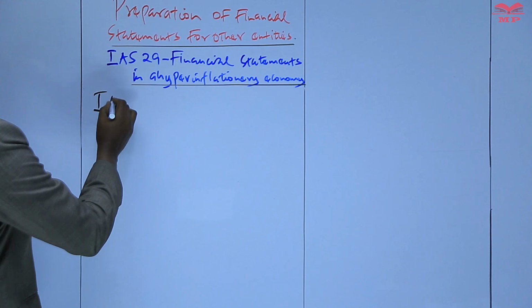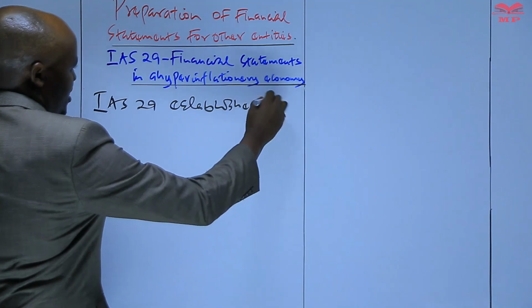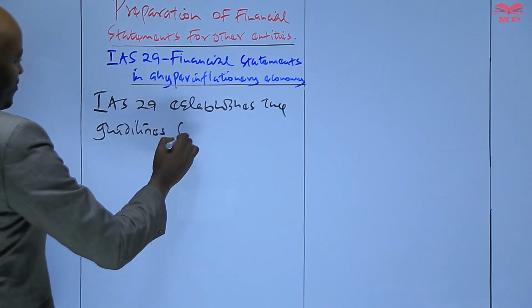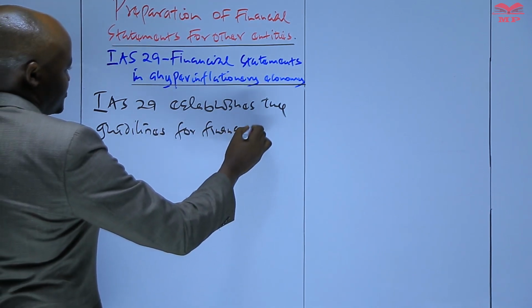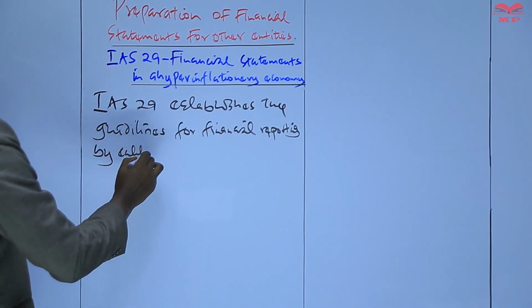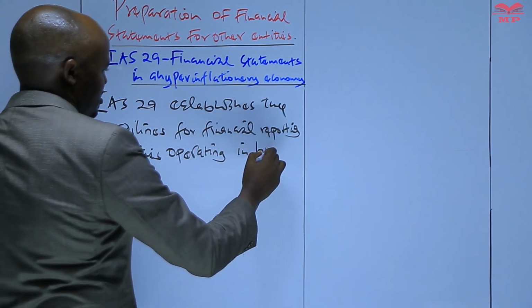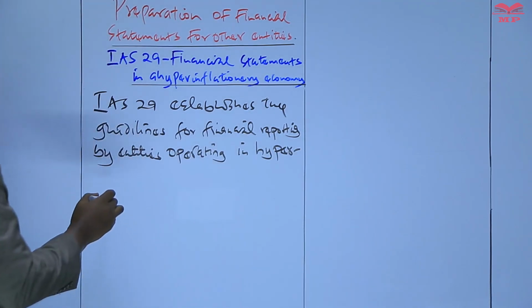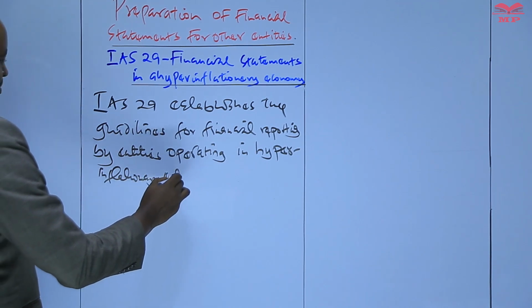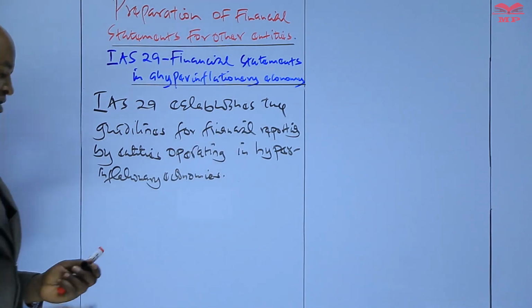So we can say that IAS 29 establishes the guidelines for financial reporting by entities operating in a hyperinflationary economy.